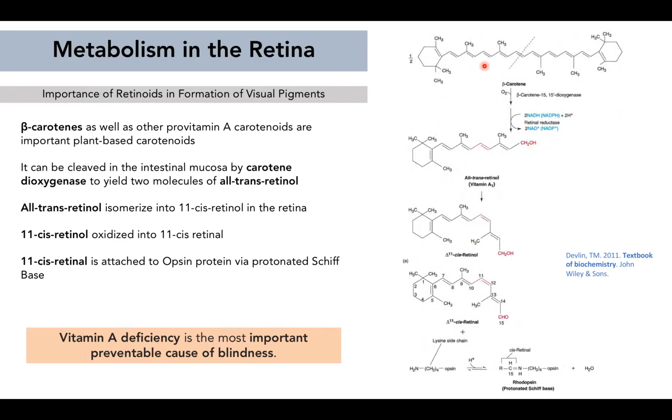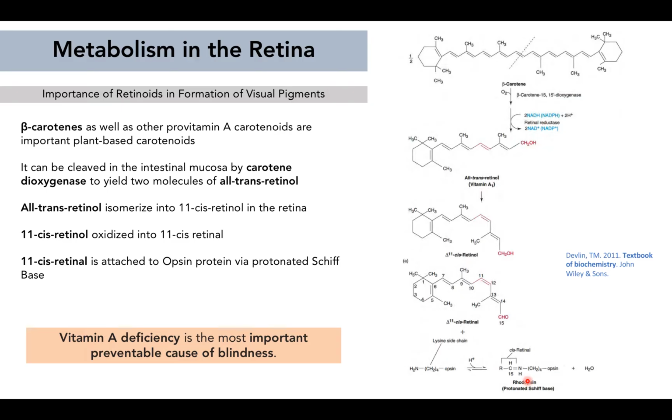So when you eat a diet rich in beta-carotenes and other provitamin A carotenoids, in the intestines these will be cleaved into two all-trans-retinol molecules, and this will be isomerized into 11-cis retinol in the retina, and this will then be oxidized into 11-cis retinal. And then once it's in the form of 11-cis retinal, this group will attach itself to an opsin protein by protonating a Schiff base.